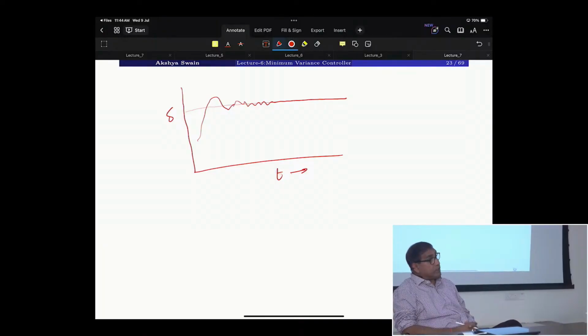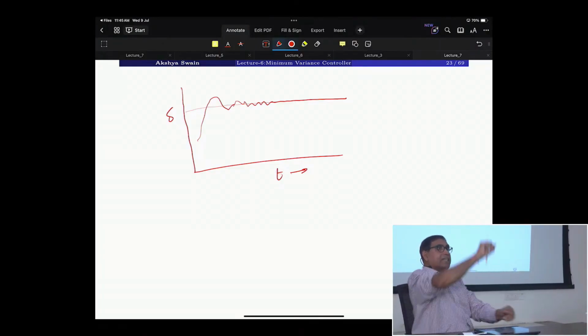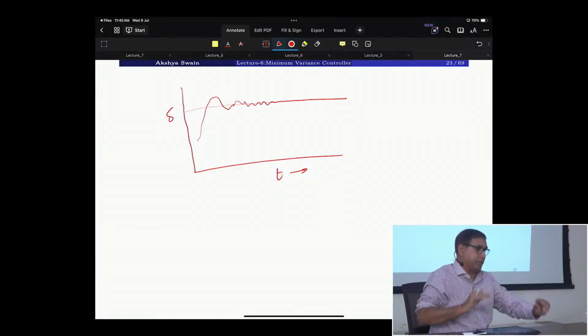The person who has reviewed it and the person who has done that research, their knowledge of control theory is not zero but negative. Because the controller is the minimum variance controller. It is not a zero variance controller. So for a minimum variance controller, there must be at least some variations in the output. You cannot avoid it.